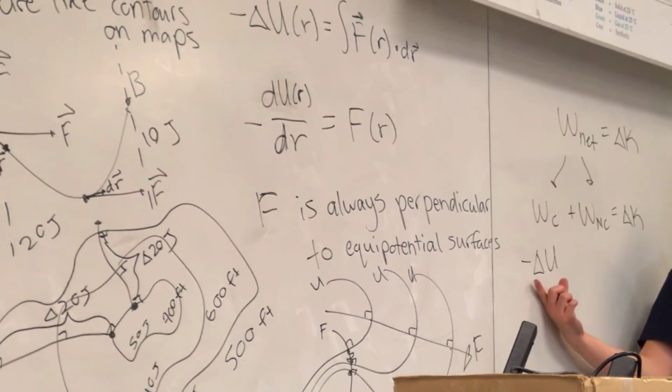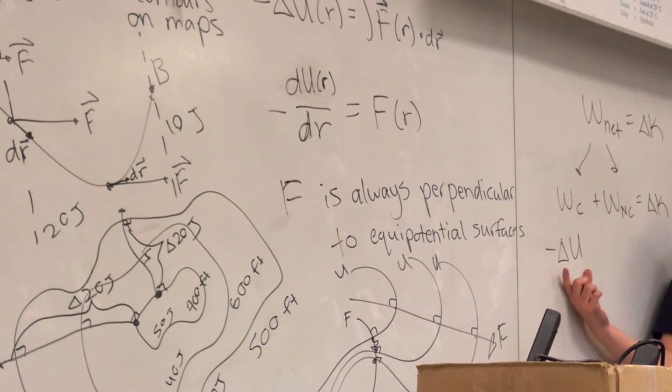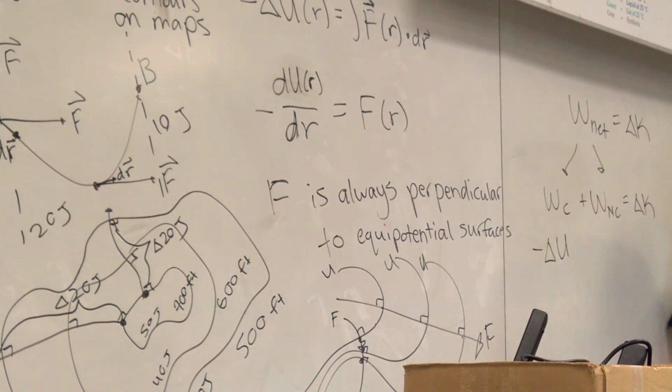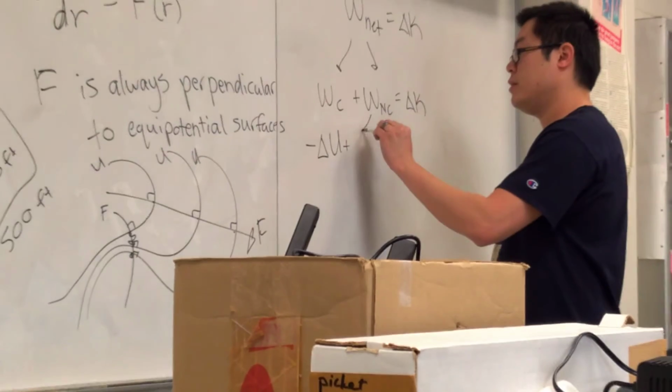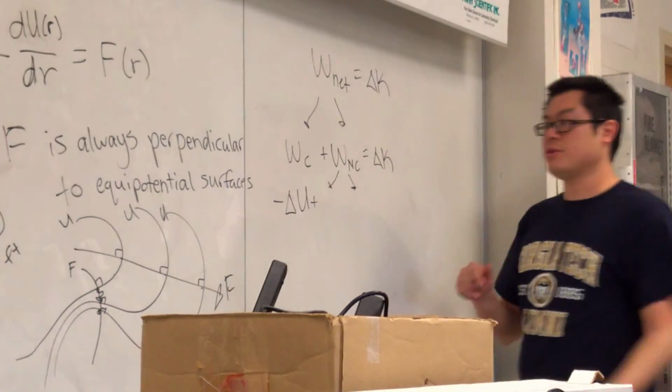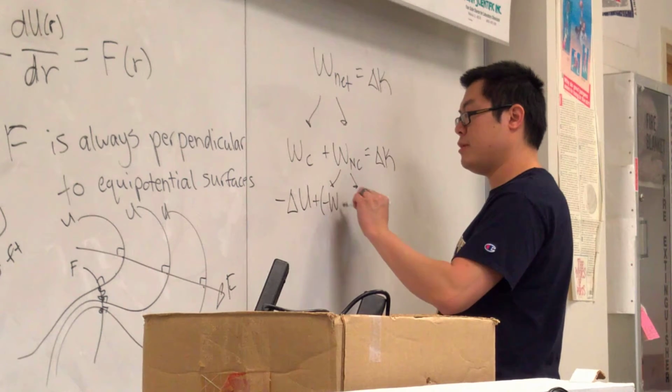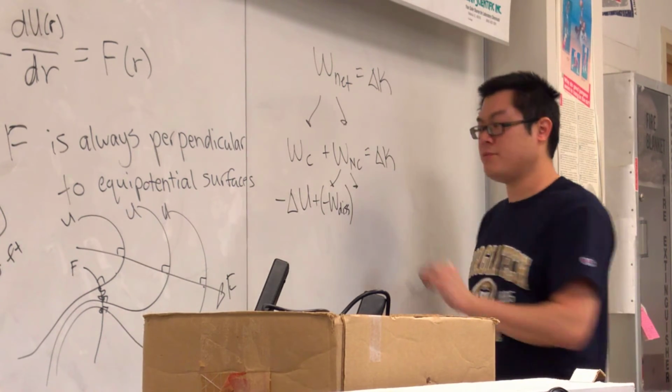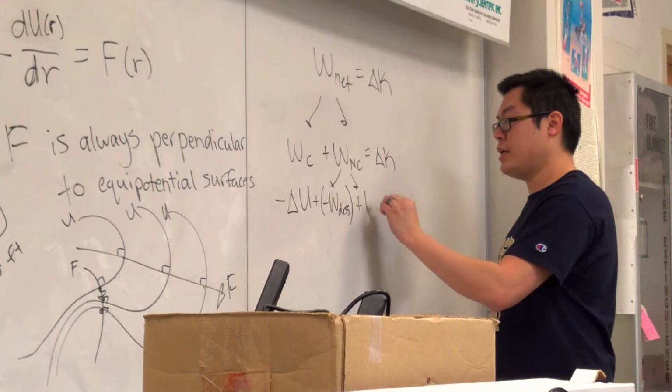This is a special kind of conservative force that can be represented this way. Non-conservative work can be represented by two kinds of forces. You have dissipative forces, and you have external forces.